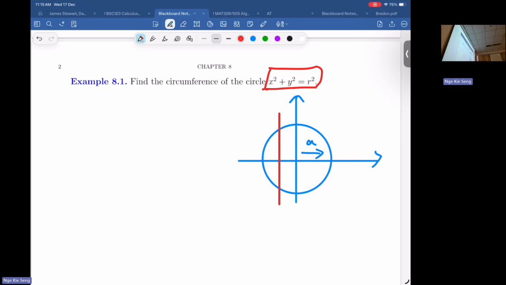If you remember from the first few weeks, we split this into an upper semicircle and a lower semicircle. The top part is y equals square root of r squared minus x squared, right? And the bottom part is y equals minus square root of r squared minus x squared. Okay, make sense so far?